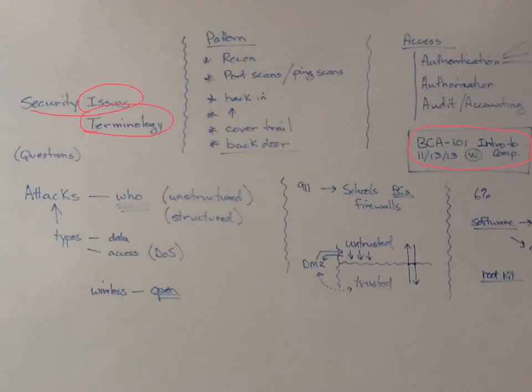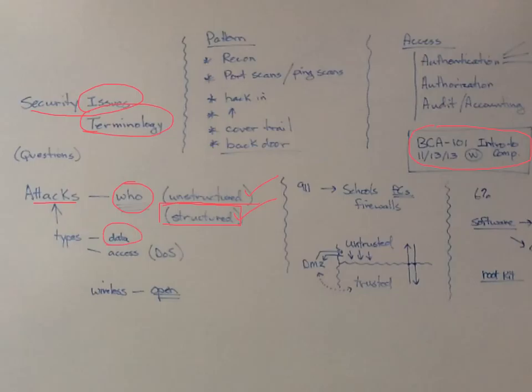We talked then about attacks. Anybody can create an attack. It could be unstructured or very structured, depending on whether it's just random, somebody wants to hack in and see what they can find, or somebody has a plan to get a specific thing.